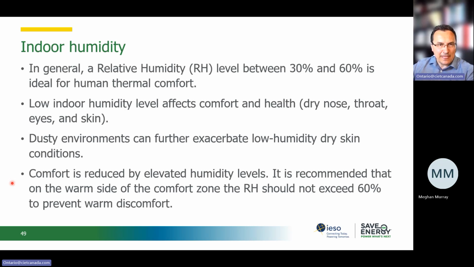So we try to maintain relative humidity below 60%. And it also so happens that within this range, 30 to 60%, we have an optimum for other microorganisms in the environment as well.